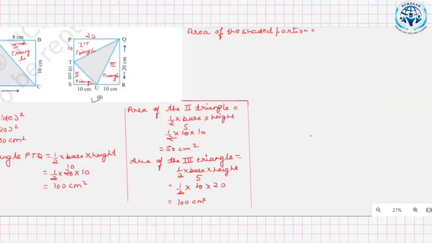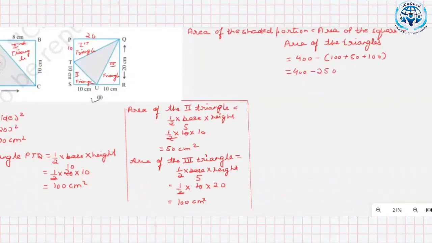Area of the shaded portion is equal to total area minus area of the three triangles, that means the unshaded portion. Area of the shaded portion is 150 centimeter square.